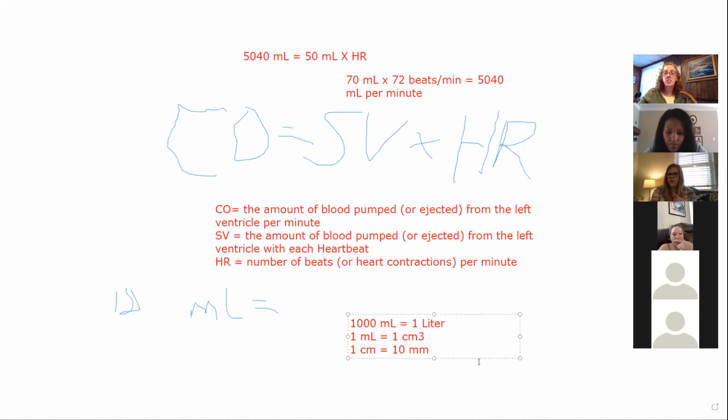So what that means is that every centimeter cubed, 1 centimeter cubed equals 10... Is this right?